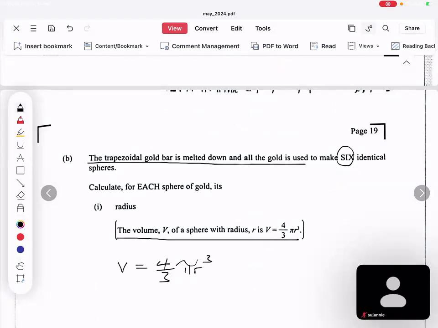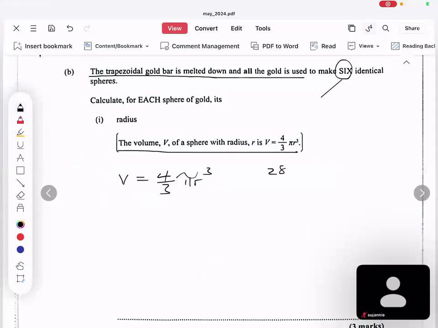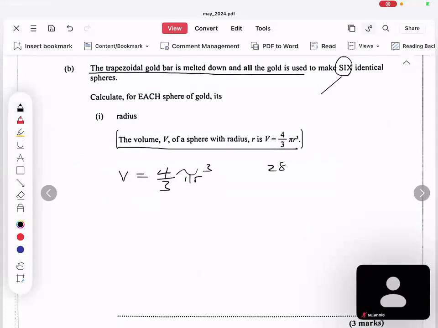Why do they capitalize the word 6 and use lowercase for the other words in the question? They might be trying to get you to understand: watch out. You see this 2886 here? You have to split it 6 ways, and that's going to be the volume of each of the spheres.